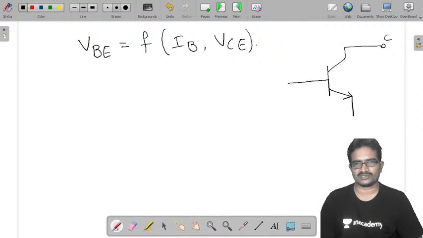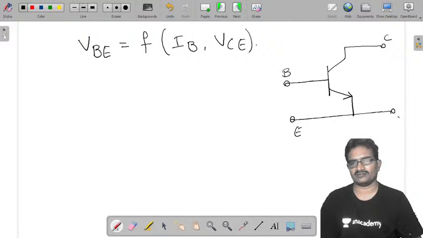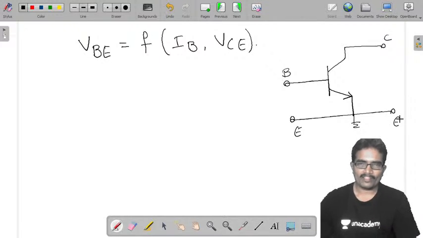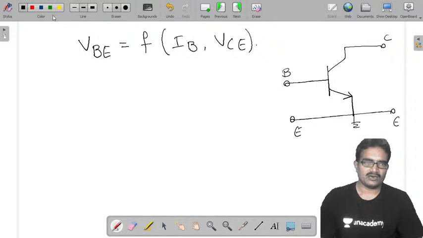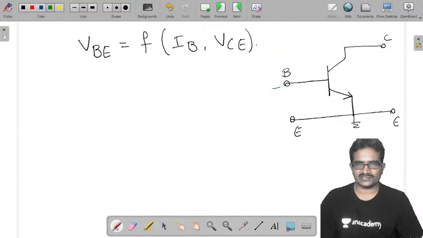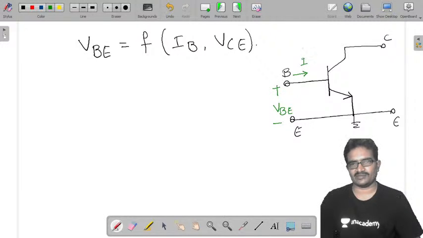Collector, input side you have a base, and emitter terminal is the common terminal. Let us assume it as a ground. Now, these are the input parameters, input voltage VBE and input current IB.